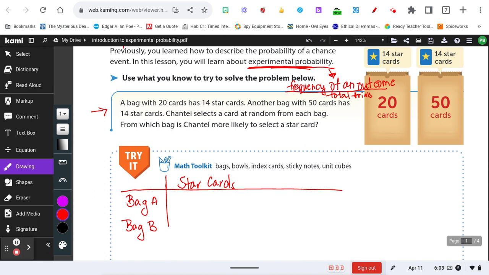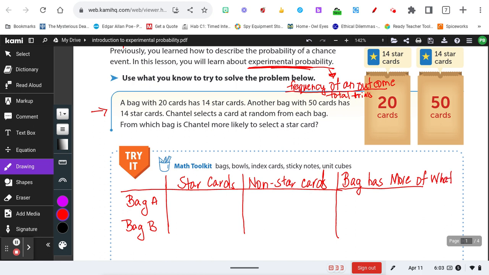If you have star cards, then you also have non-star cards, cards that are not stars. So I'm just charting this out so we can see easily which bag she's more likely to select from.